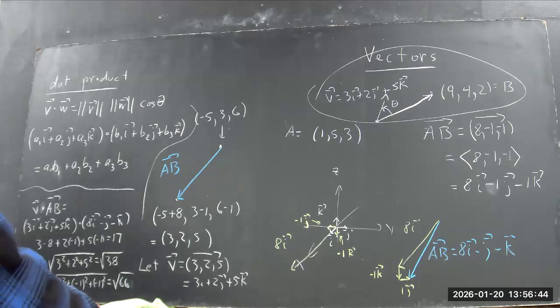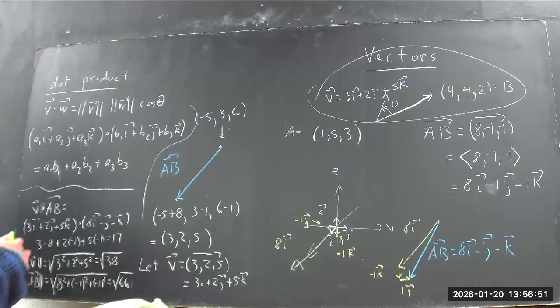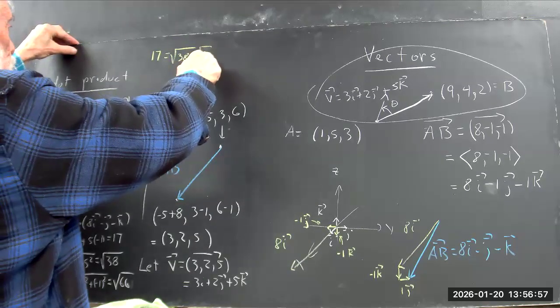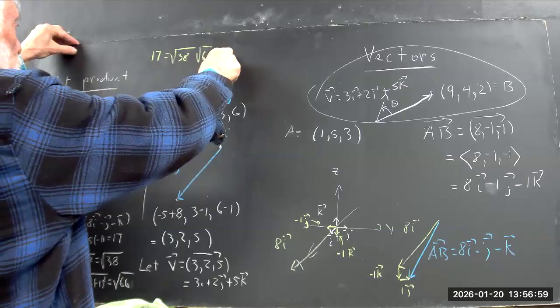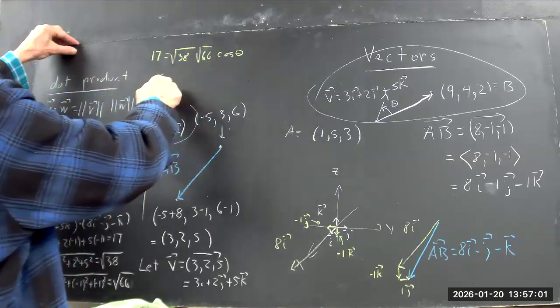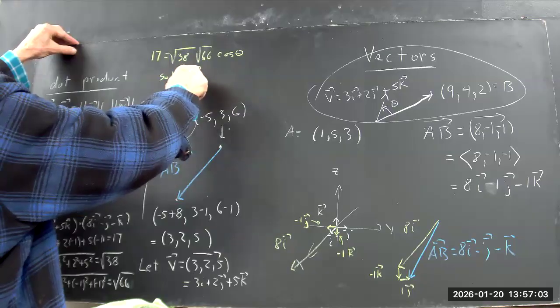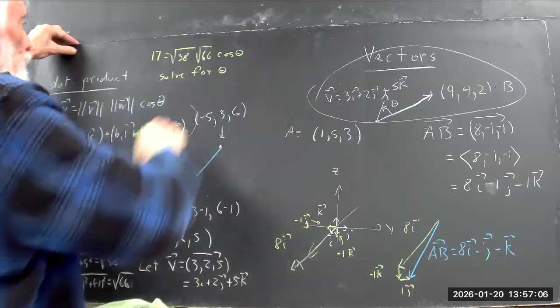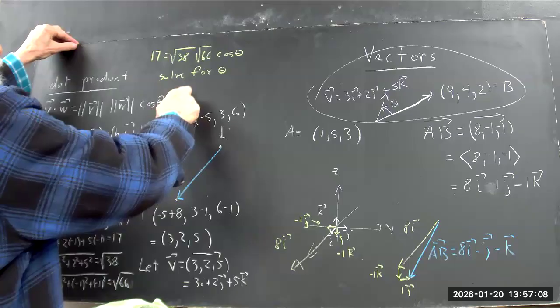So 17 equals the square root of 38 times the square root of 66 times the cosine of theta. And you just solve for theta.